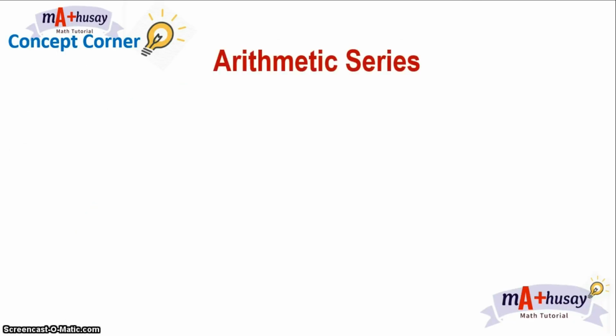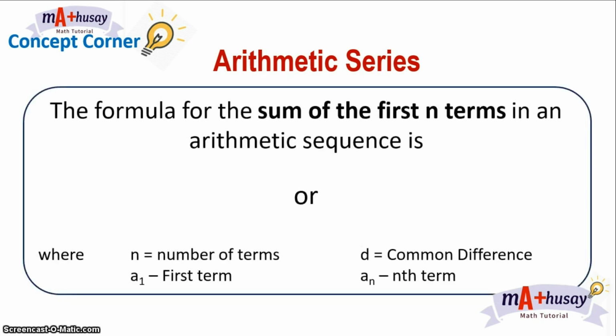In Lesson 8, you have learned how to find the sum of the first n terms in an arithmetic sequence using these formulas. S sub n equals n over 2 times the first term plus the last term. You can use this formula if you know the first term, the last term, and the number of terms in the given sequence.